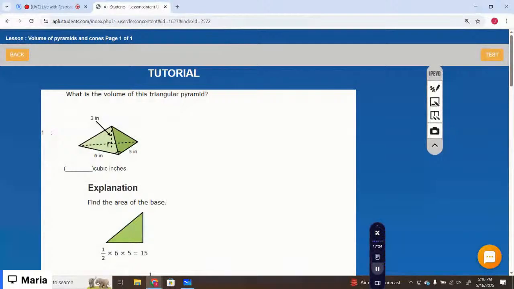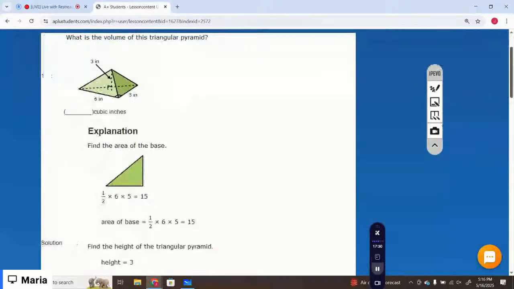What is the volume of this triangular pyramid? So you need to find the area of the base, the triangular face, right? That is half times base times height.